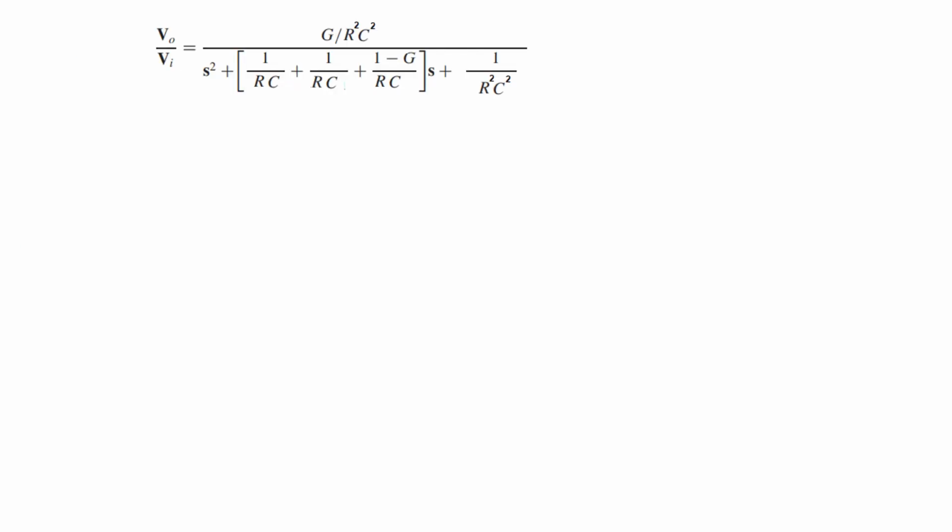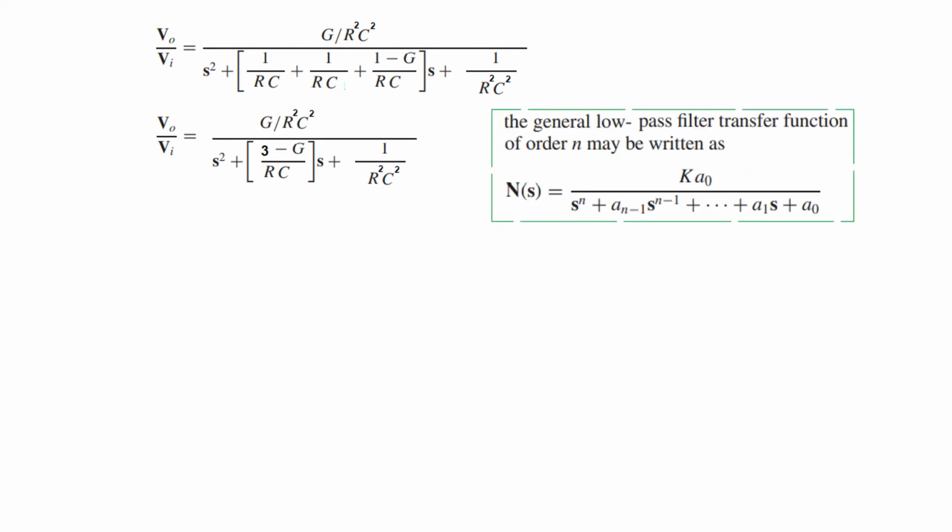Okay, so we were here, and now we'll further simplify. So this part can be simplified as shown here. It will be 3 minus G divided by RC. And now we'll compare this with the standard low pass filter transfer function for nth order.